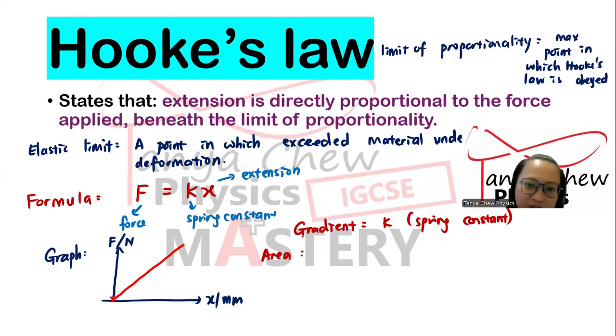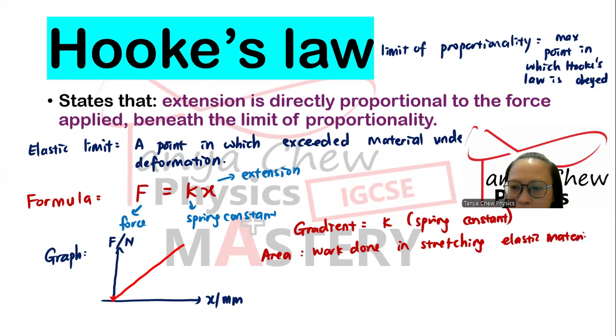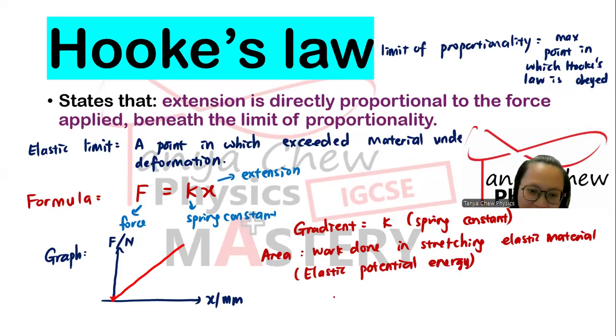Area represents work done in stretching a spring or elastic material. Or you can call it elastic potential energy. So there are two equations of elastic potential energy.